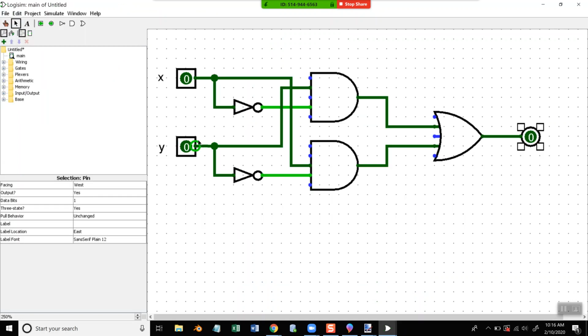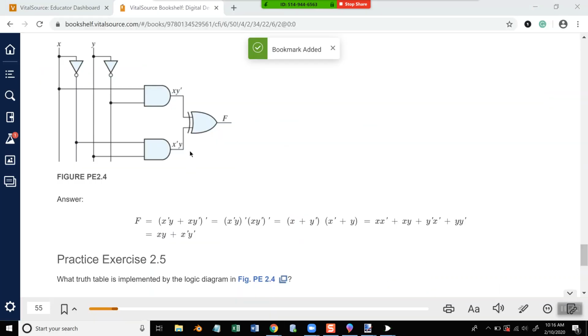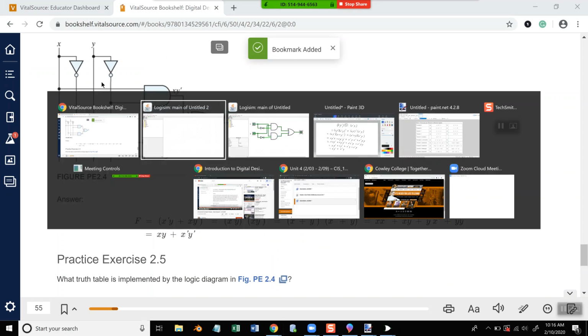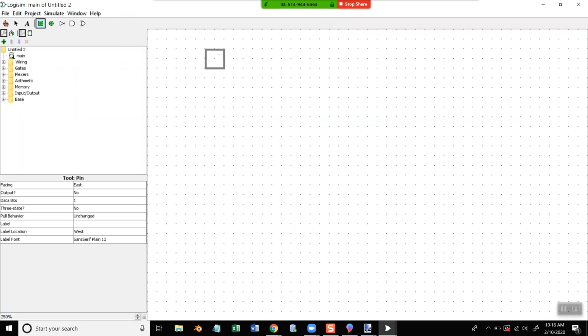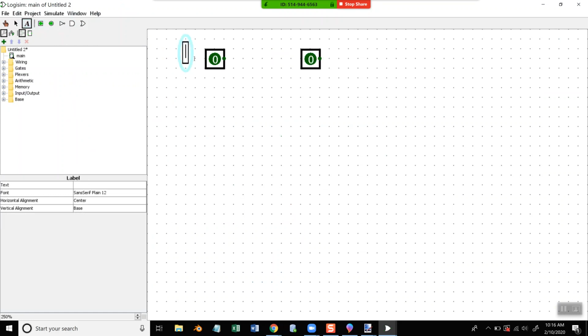Okay, so X and Y. They both need an inverter.